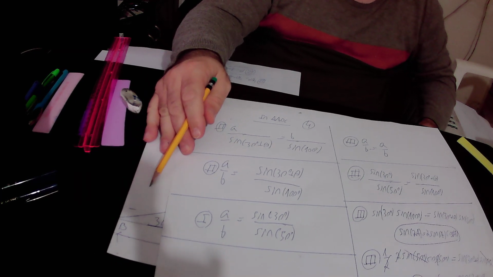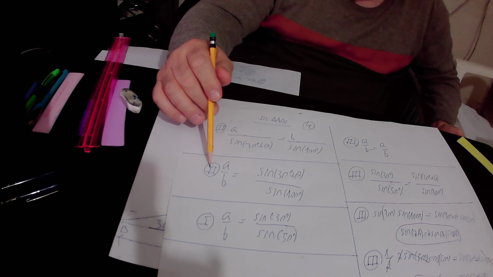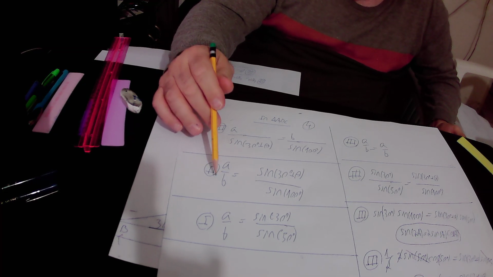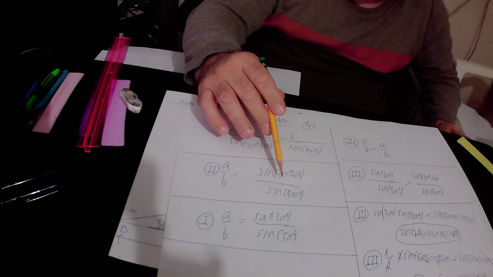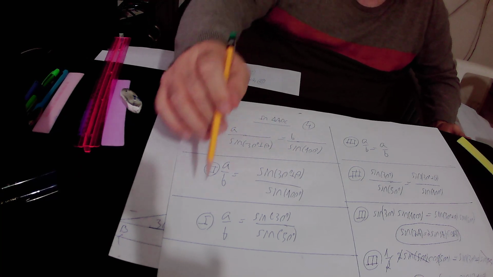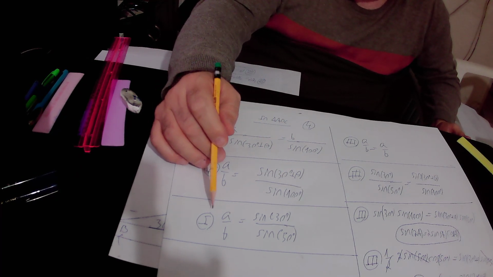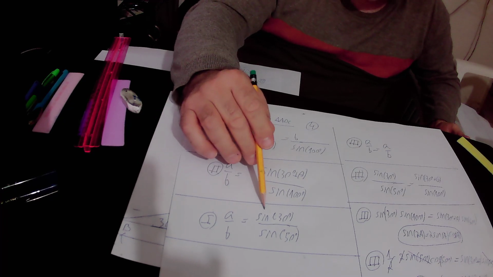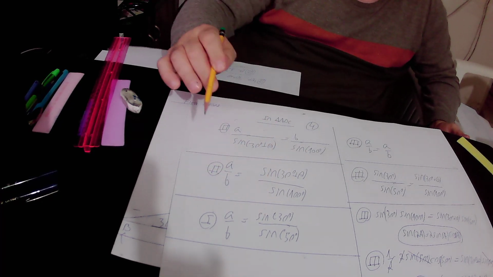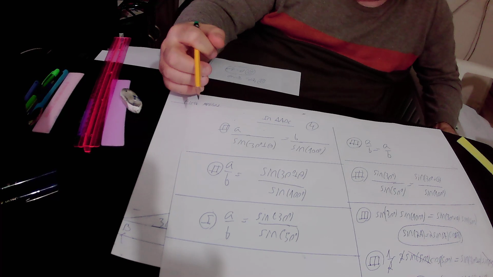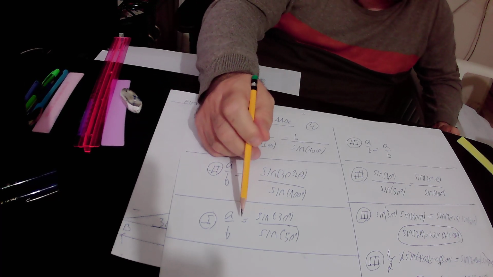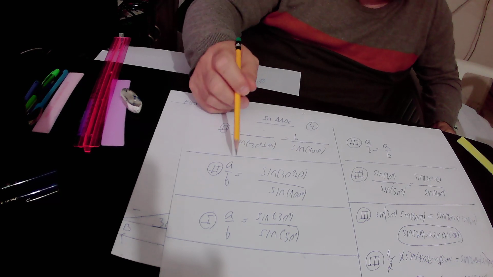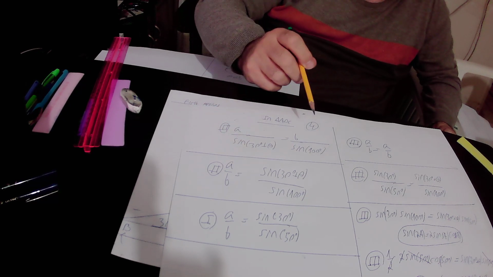So according to equation number 2, A over B equals sine 30 degrees plus theta over sine 100 degrees. But according to equation number 1, A over B equals sine 30 degrees over sine 50 degrees. So we can create equation number 3 that states that A over B according to equation number 1 must be equal to A over B according to equation number 2.